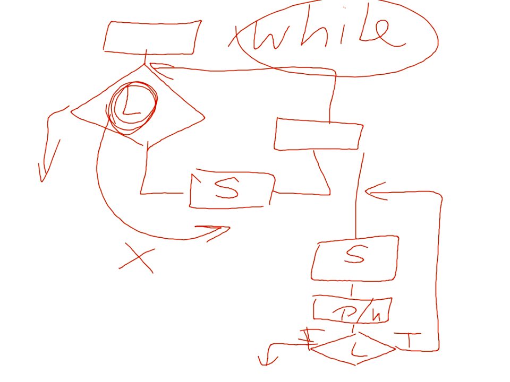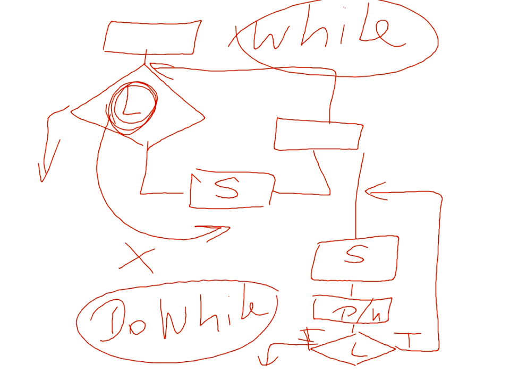First you test, and then you decide if the statement is going to be executed. Now in what we call a do while, we do the statement first, then we ask if you want to do it again, and then we loop around. So the shape is a little bit different.